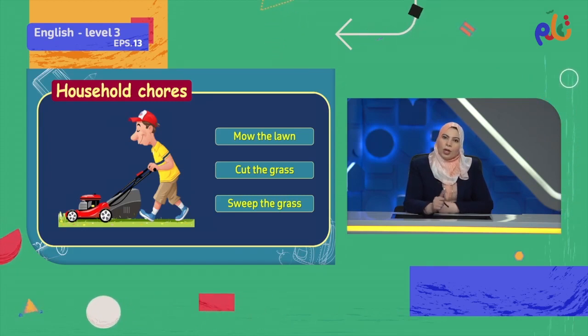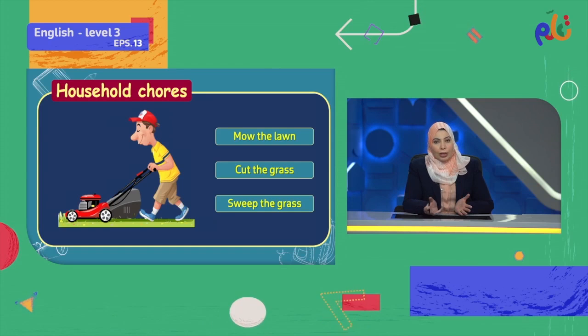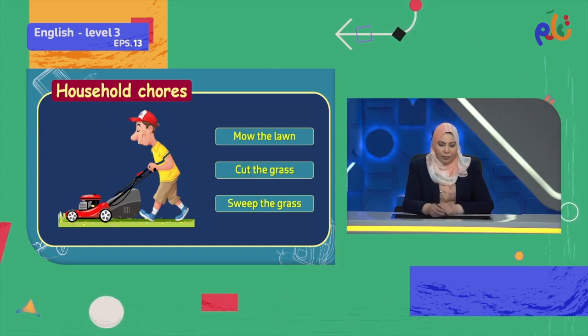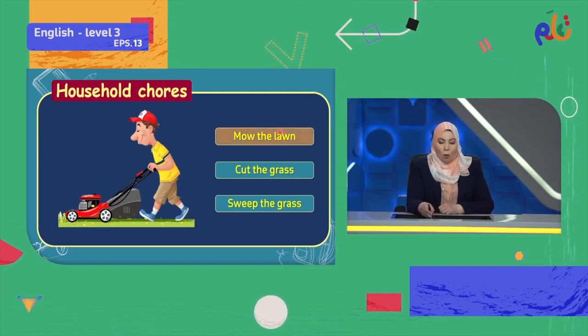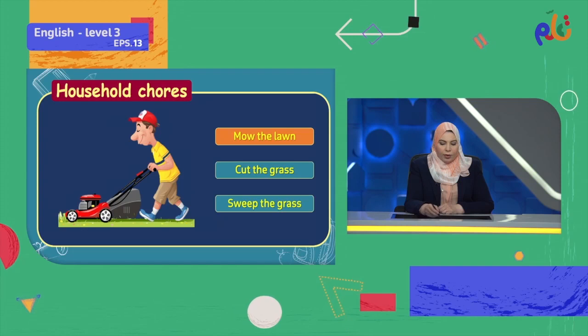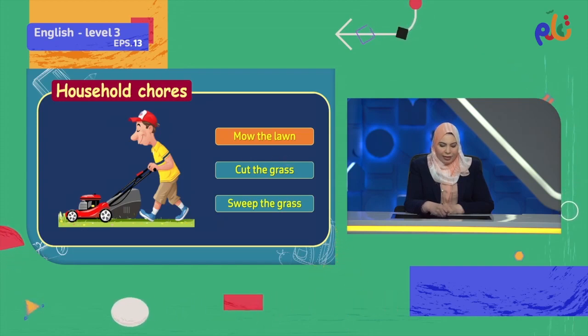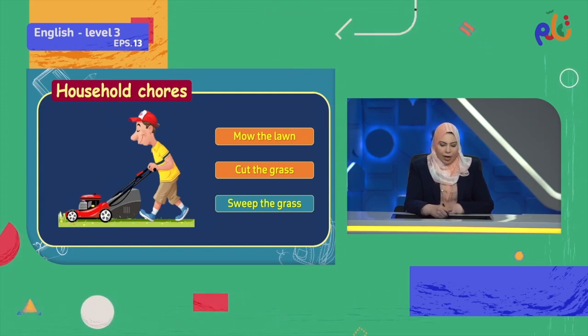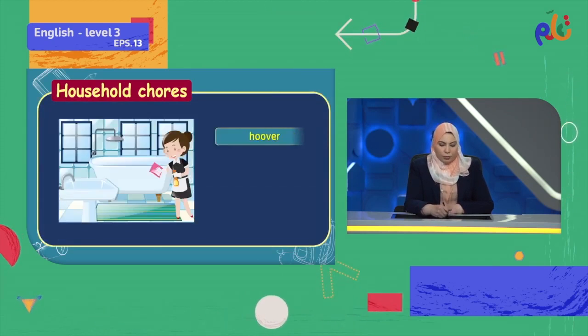When we speak about someone in the garden, cleaning the garden or setting the grass straight, it's called mow the lawn, or cut the grass. Both are fine. I can mow the lawn or I can cut the grass, both work.